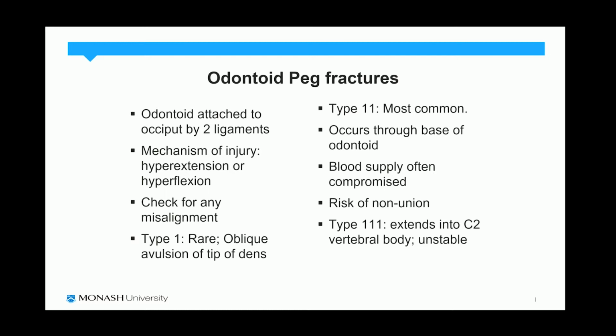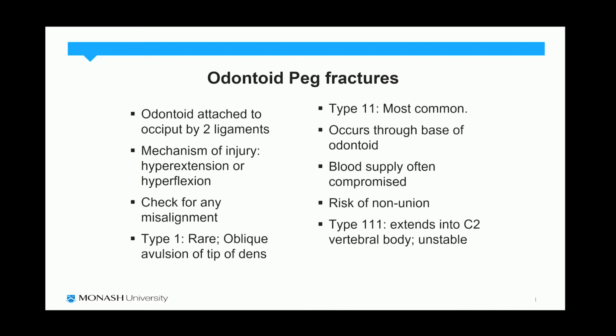Odontoid peg fractures occur when there's injury to the ligaments, and the mechanisms of injury can be either hyperextension or hyperflexion. And look for any signs of misalignment. Odontoid peg fractures can be classified into 3 types, where type 1 is quite rare.